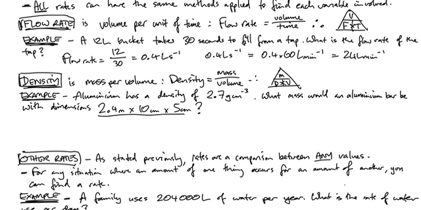We don't know what the volume is, so we need to work out what the volume is. 2.4 meters is 240 centimeters, times 10 centimeters, times 5 centimeters equals 10 times 5. It's got a volume of 12,000 cubic centimeters.